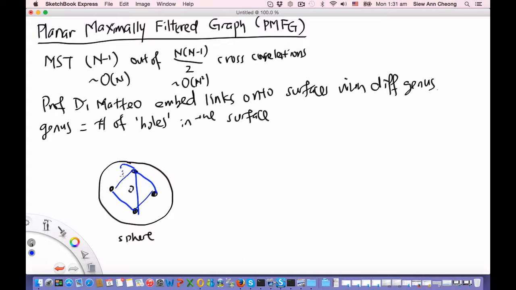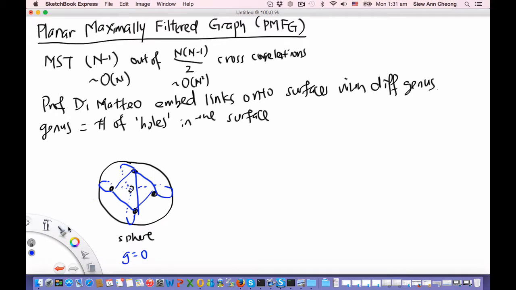And this one will go behind to the other side, and so will this go behind to the other side. And maybe this one will go behind as well to the other side, and this will go behind to the other side. So these nodes are actually distributed on the surface of a sphere, and the links that we have just drawn, they actually do not cross each other. And a sphere of course has G equals 0.